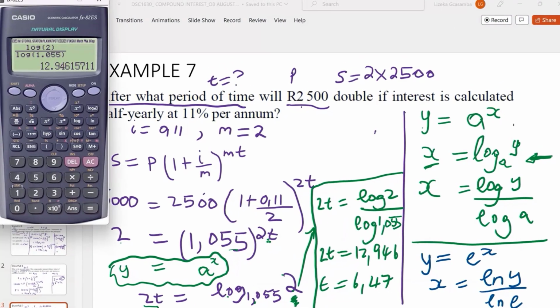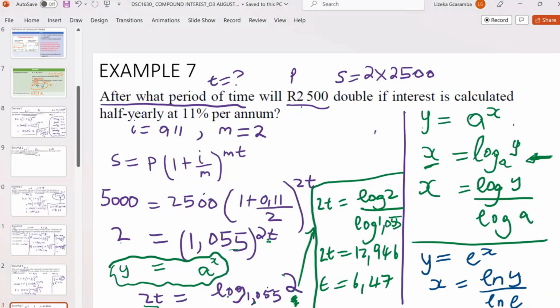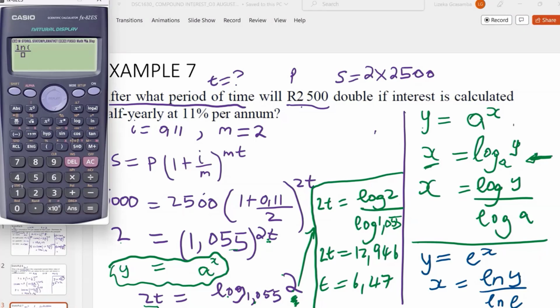Okay, let me see how the ln is going to work out. If you are looking for the ln, you've got ln of our y there. Our y here is equal to 2. So ln 2, you close the brackets, divided by ln of whatever base we have.